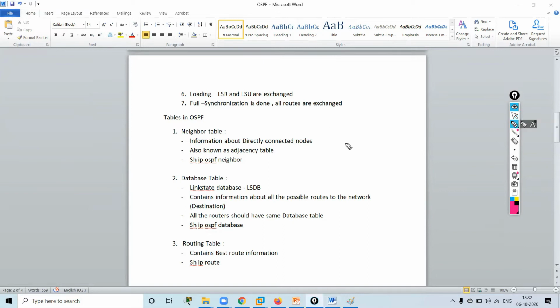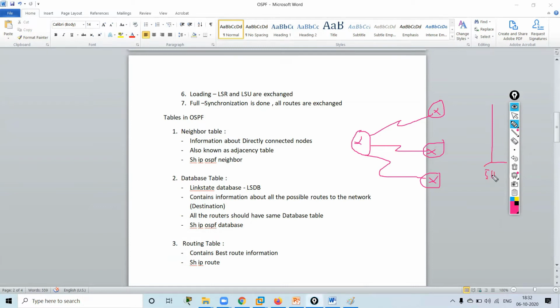Now, yesterday I mixed up the EIGRP and OSPF concepts. I told you that in EIGRP, the topology table will have the routes. Suppose I want to reach the 50 dot network, same example.